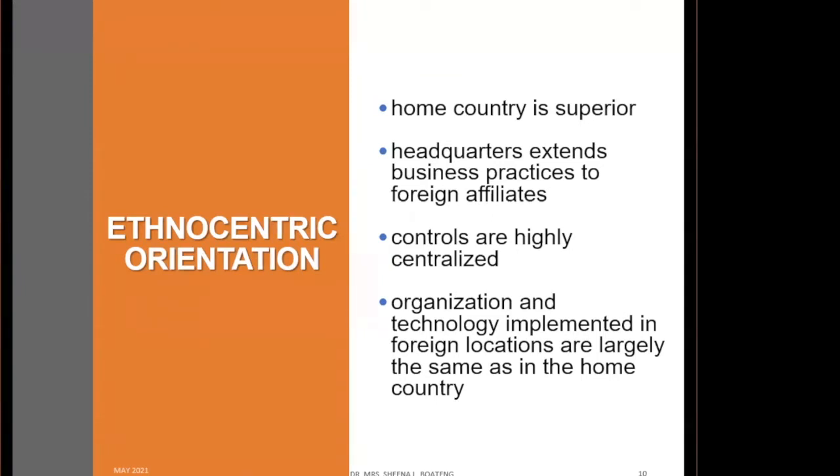Yes, Tara. Okay, I also had a question. Is it always because they feel that their country is better, or sometimes maybe the industry in which they're operating is heavily secure, so for security reasons, they would rather have things originating from the home country? Could that be an example?